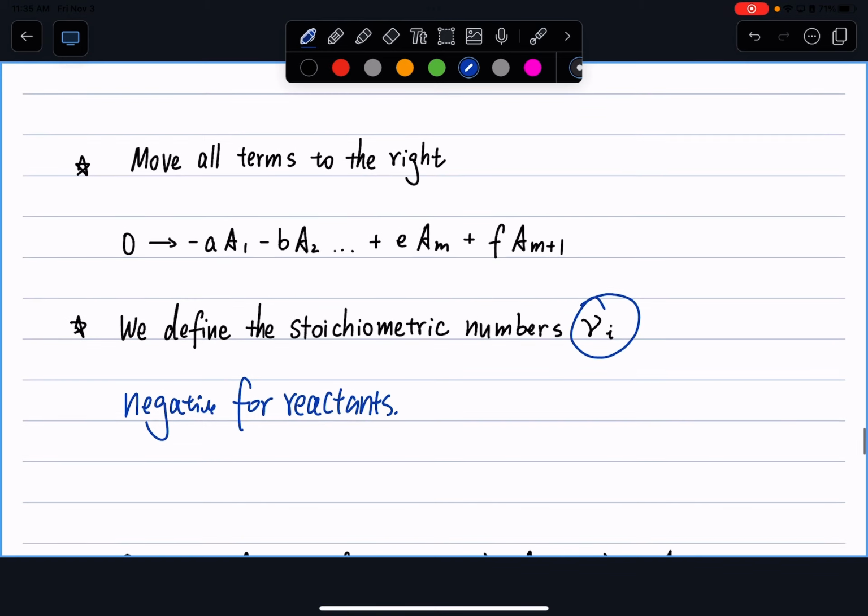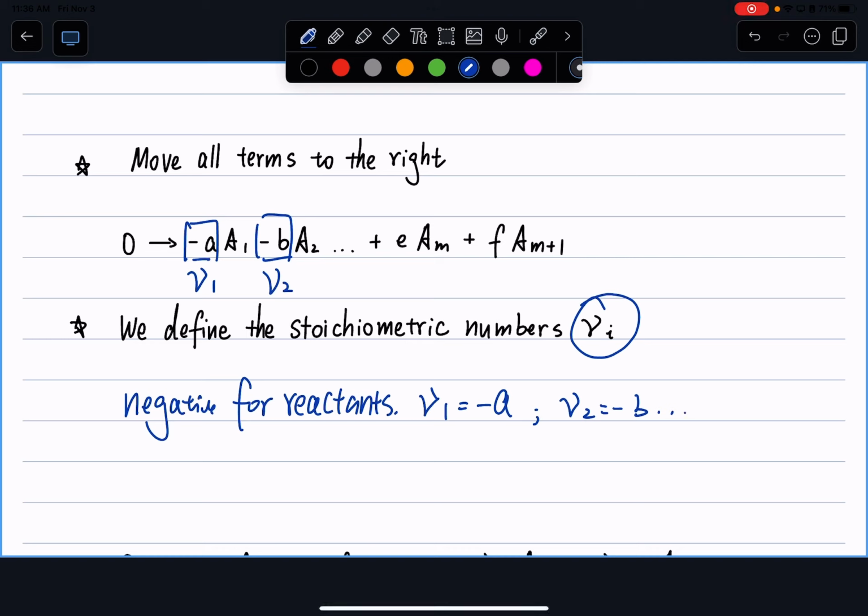So for example, we have nu1 equals negative a, because a, that's here, that's our negative a. And negative b for our nu2, et cetera, et cetera.